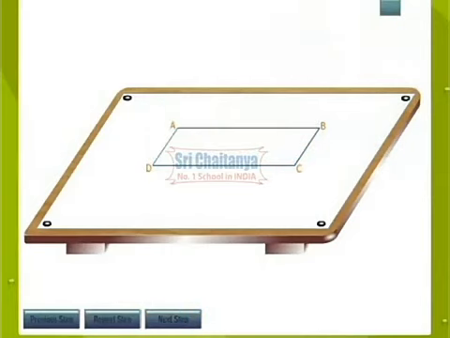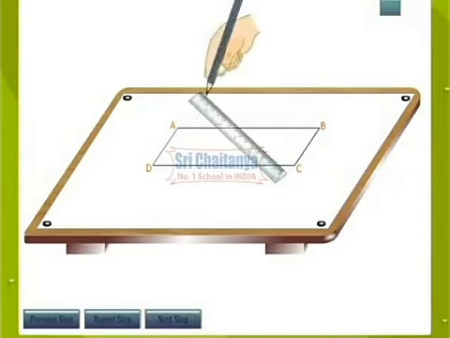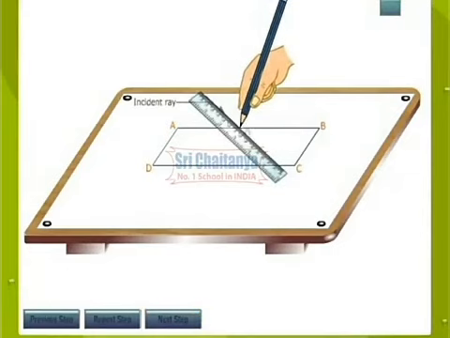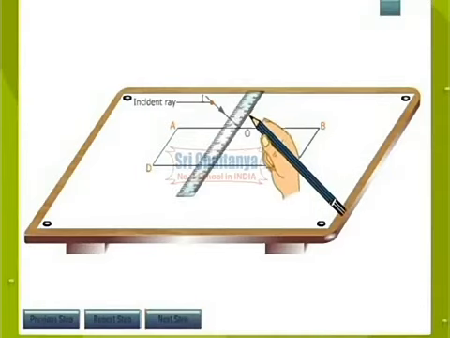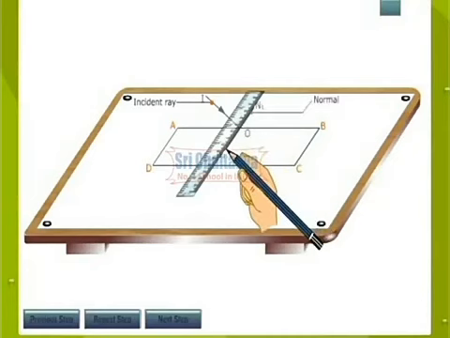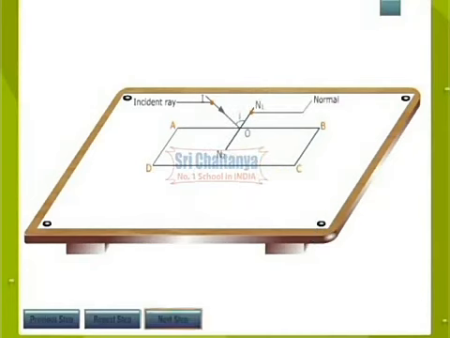Remove the glass slab. Draw IO to represent the incident ray. Draw the normal N1, N2 at the point of incidence O. Fix 2 pins on the incident ray IO.